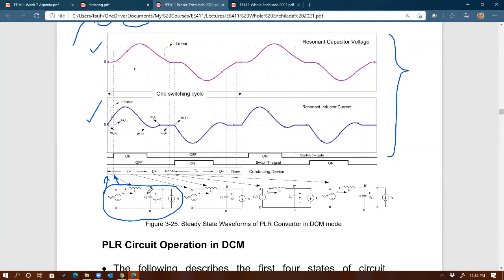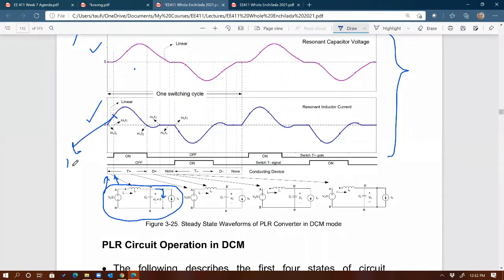Eventually, when it reaches I out, then that would start charging this cap, because it cannot flow through this diode. Remember, the diode is pointing up. So that's when IL is equal to I out, the circuit state changes to a resonance circuit.